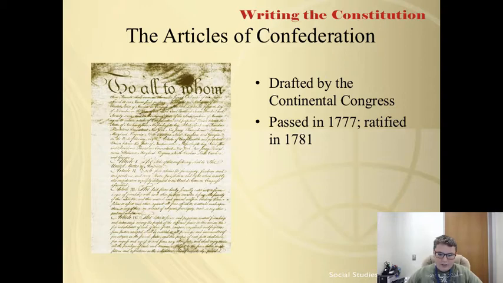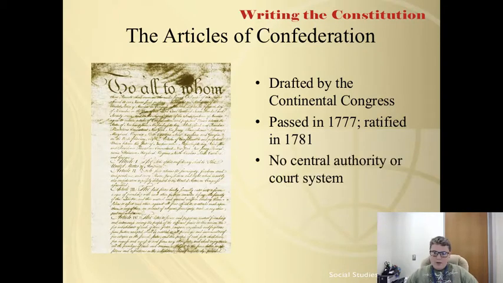The lack of centralized power characterized the shortcomings of the government under the Articles of Confederation.